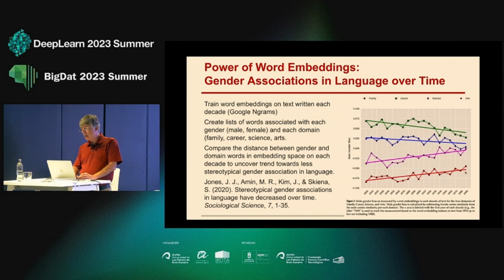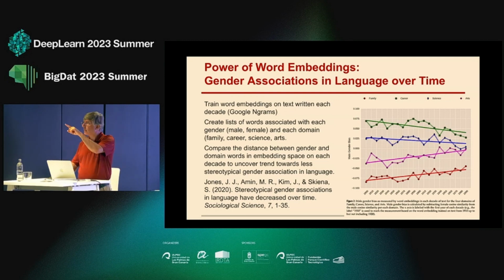But what's interesting, the good thing, is that as we look at embeddings trained on more modern cohorts, line 0 would be no difference in gender preference. And as you can see with time, what you're seeing is indeed converging on a more gender agnostic language. So in some sense, what's great about these word embeddings is they provide you with a kind of time machine to how people thought or talked back in the past.